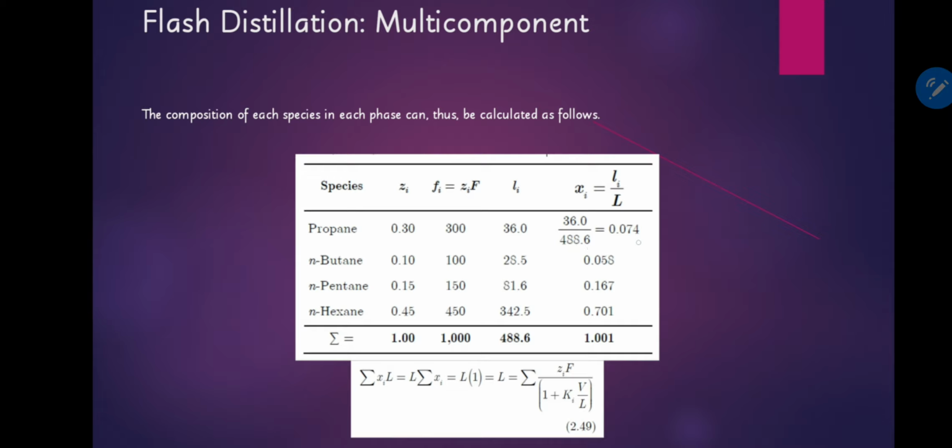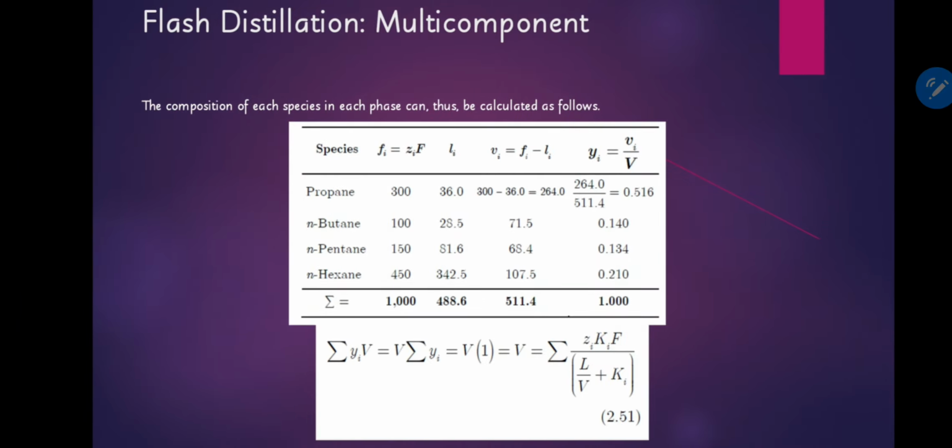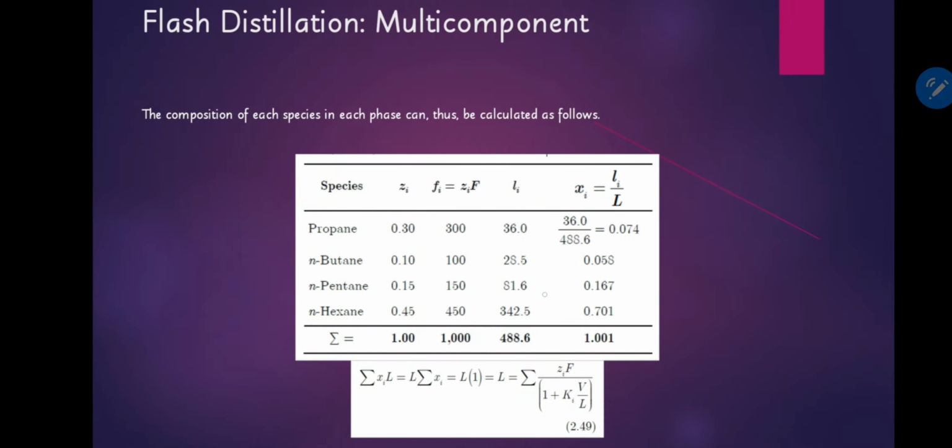For propane, that will give you 0.074. For N-butane, that's 0.058, 0.0167, and 0.701. The summation of this will just be equal to 1.001, which is acceptable, very near 1. So we have now the composition in the liquid phase.